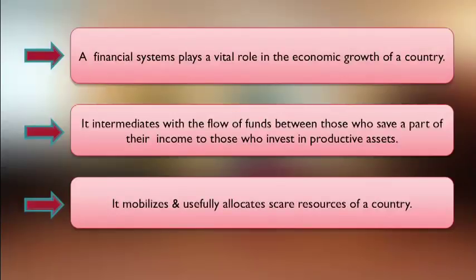Now, definitely when I do any type of investment, I would be more concerned about where it is going to be allocated, right? My hard earned income, where it is going to be used, is my major concern. Why? Because as I said earlier, I am more concerned about the returns as well as the security of my principal.